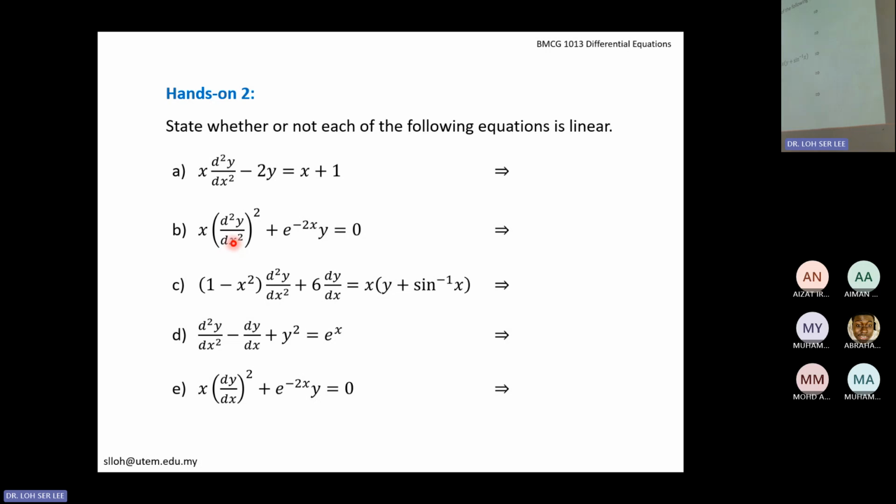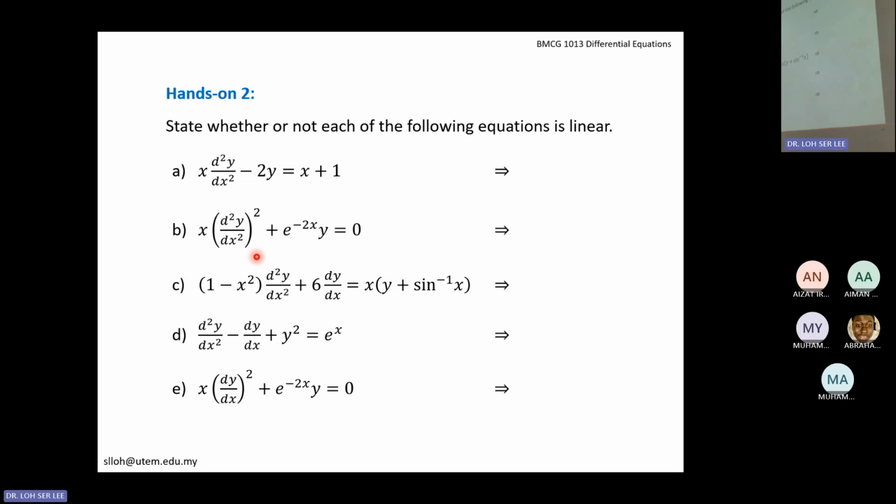If this is x, this one must be x. The independent variable must stay at the bottom. The one at the top, this y, is dependent. If you have dx over dy, that means y is independent.